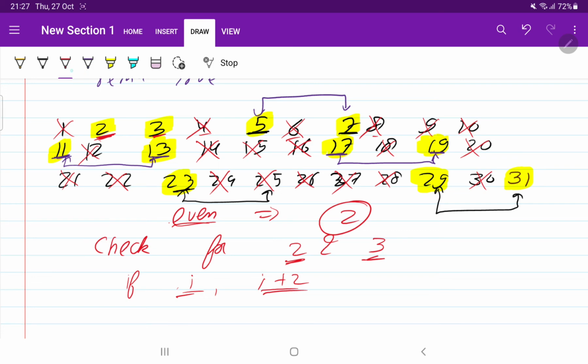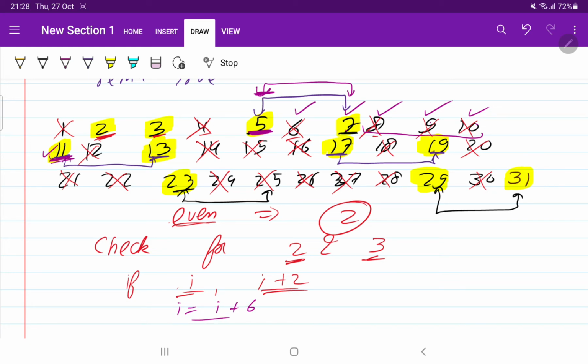Now let us do one more observation. This is the first prime number that we have got. After how many steps do we get the next prime number? 1, 2, 3, 4, 5, 6. Suppose we are standing here, then you can check both of these, and don't check the numbers present between. You need to increase your i by 6.